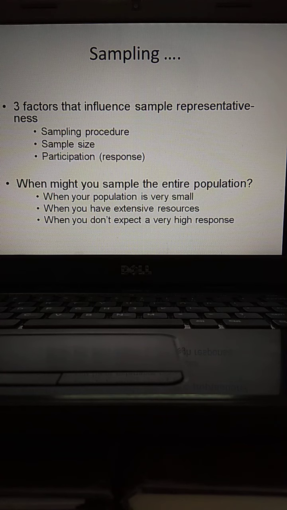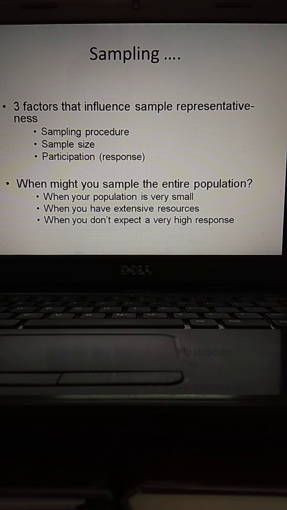Or would it be good to go for a complete enumeration of the population? That means all the units of the population are studied individually to get the information. What do you call that? Complete enumeration. Technically you call that the census. Sample and census: these two things are very important when you are going to understand the population.